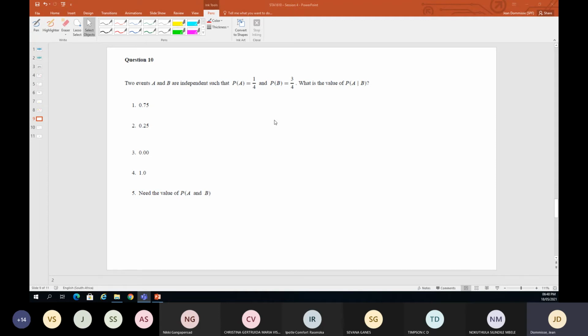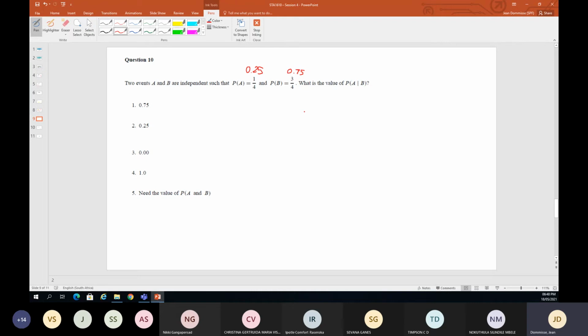When I see this, I would automatically first change the fraction into a decimal. So 1 divided by 4 would give me 0.25, and 3 divided by 4 would give me 0.75, just so that I don't need to work with fractions. I just want it as simple as possible.